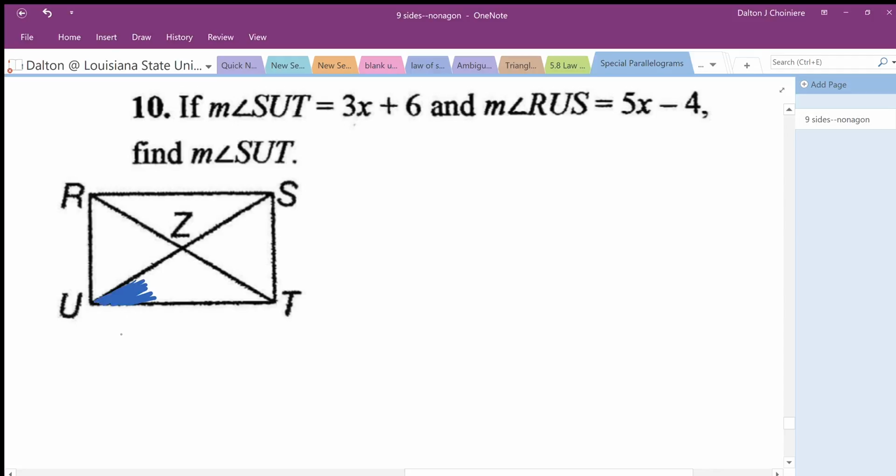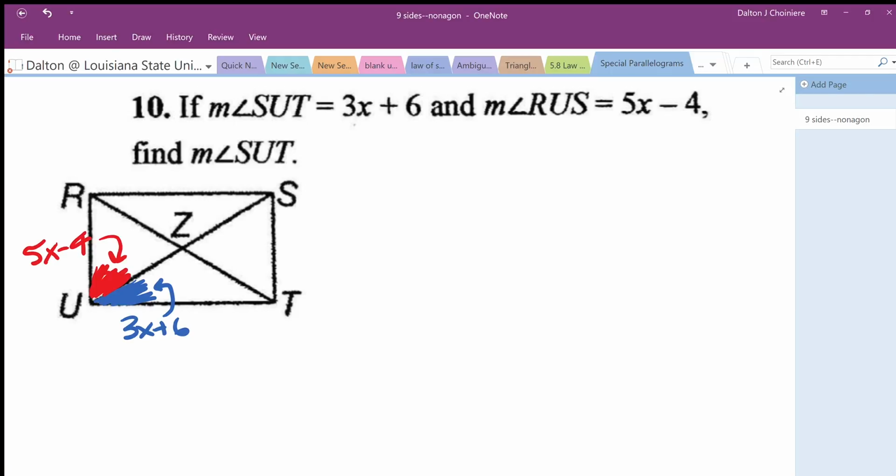And that is 3x plus 6, the blue stuff. Then angle RUS, if I connect the dots, R to U to S, is this angle right here. And that is 5x minus 4. Find the measure of angle SUT. So that's the blue stuff.